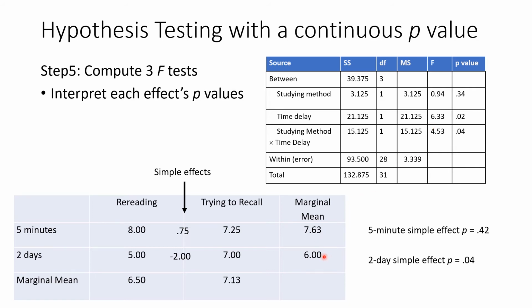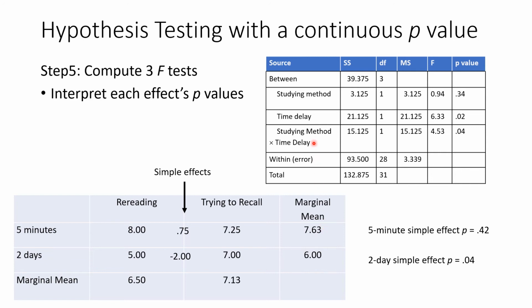So that means this mean difference is probably compelling, and if you look at the p-value, it is. So that p-value is suggesting that this mean difference is very unlikely to have occurred due to sampling error. So it looks like overall people remember more after a 5-minute delay than they do a 2-day delay, which again isn't surprising. As time passes, we forget things. We all know that.